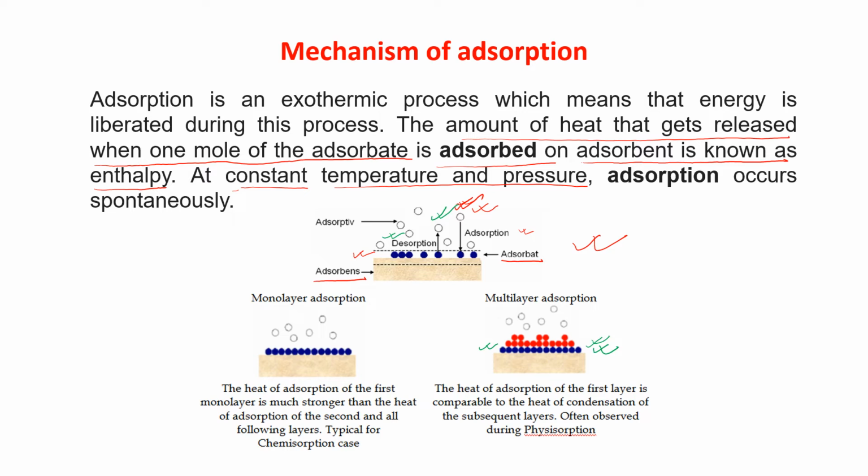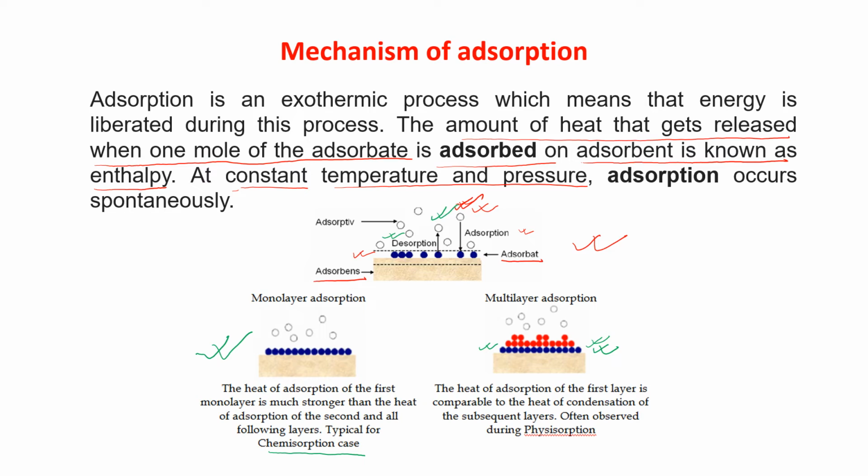Now, you can see that the heat of adsorption of the first monolayer is much stronger than the heat of adsorption of the second and all the following layers. So this is typical for the chemisorption case.